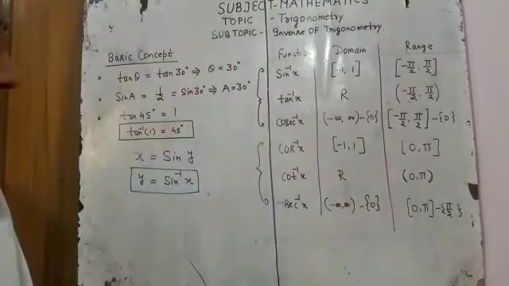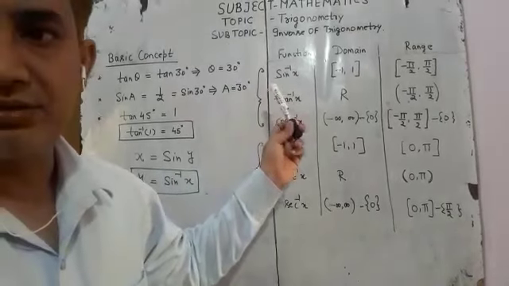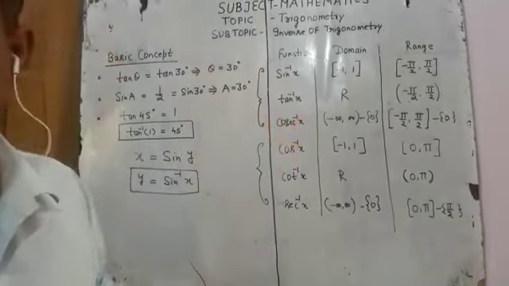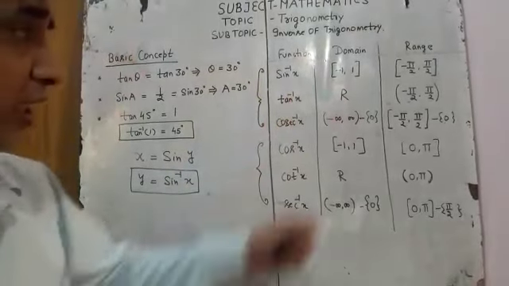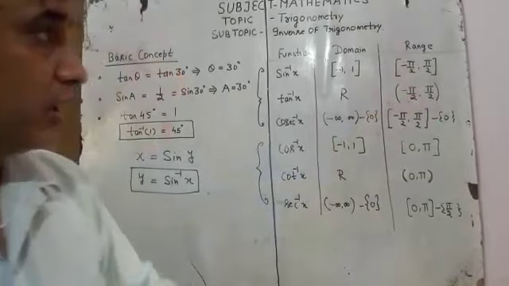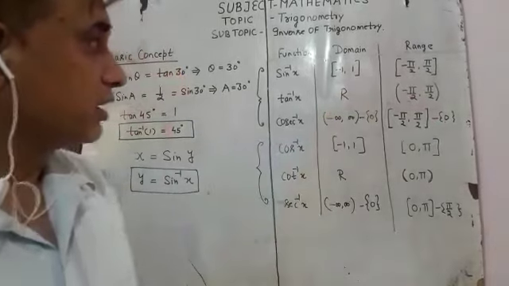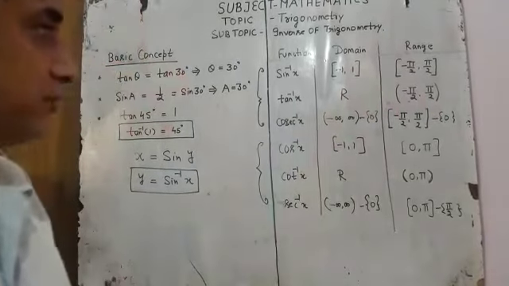But again we see the sin inverse x, we know the value of the sin lies between minus 1 and 1, and the range will become minus pi by 2 to pi by 2 in the closed interval, because the value of sin pi by 2 and minus pi by 2 is fixed.